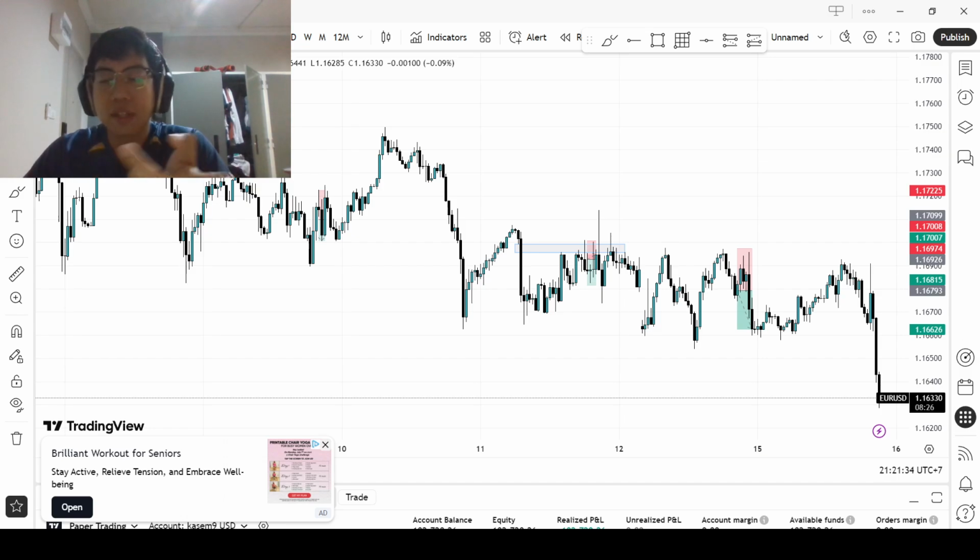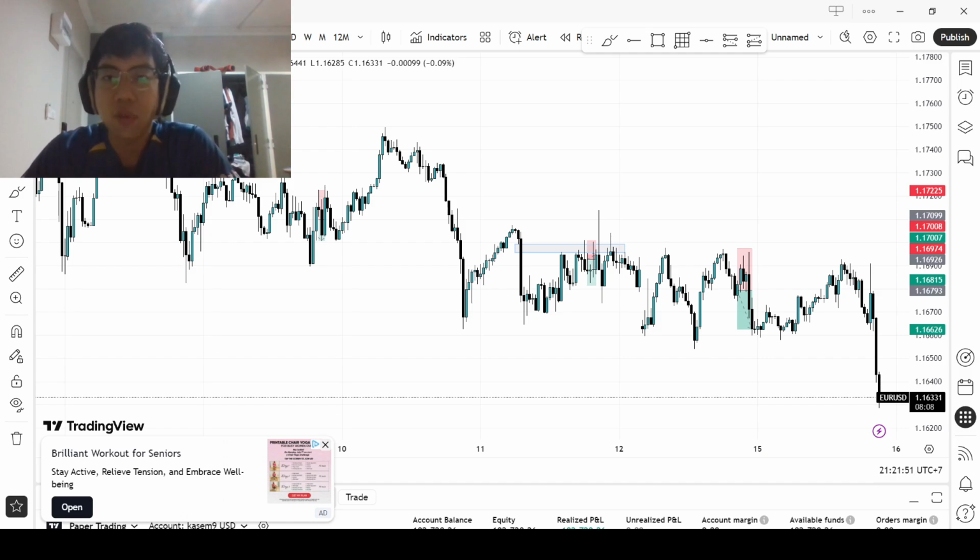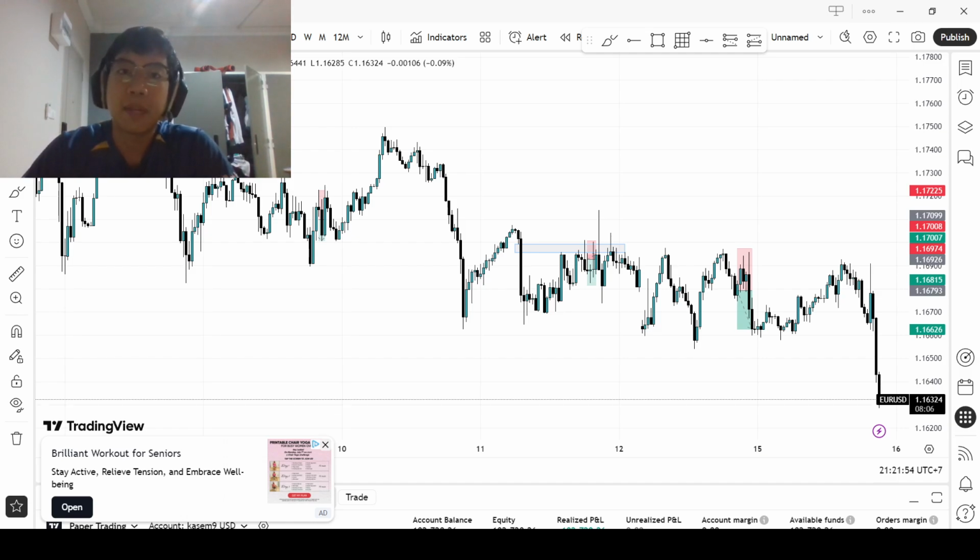Because on TradingView, the way you enter your order is so much different. You can actually type out your risk management, and it automatically enters a suitable position size for you. But in MetaTrader, it's not like that, and that's why I had to get that right.